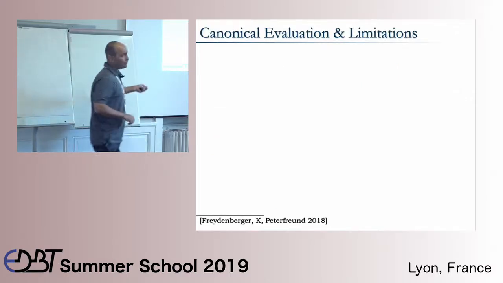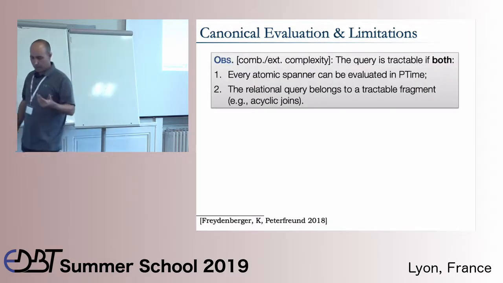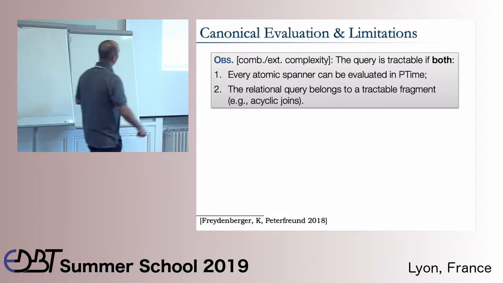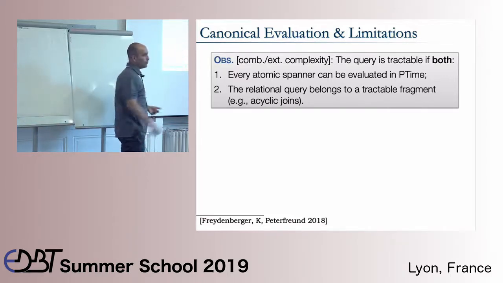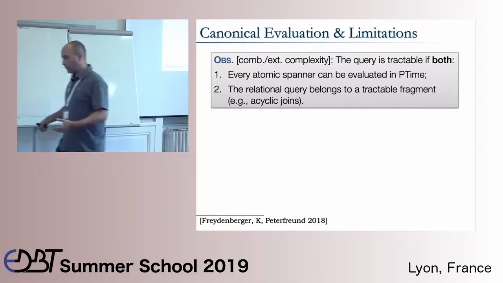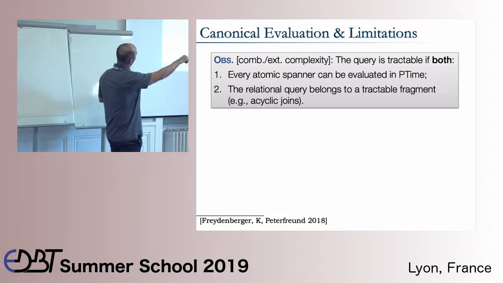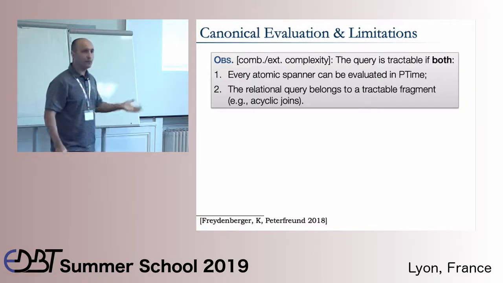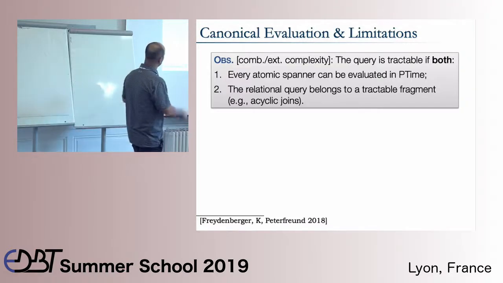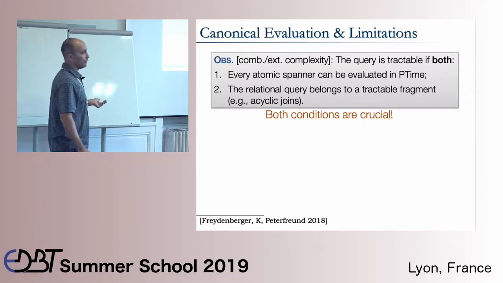Okay, so here are some results that you immediately get from the compilation result. Well, if you can actually evaluate all of your atomic spanners in polynomial time, and you produce a problem where the query, your relational query, belongs to some tractable fragment, like acyclic queries, and so on, or acyclic joins, then you get that you have a tractable spanner.